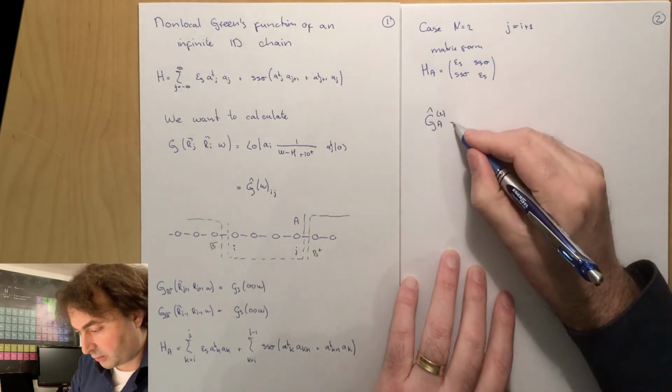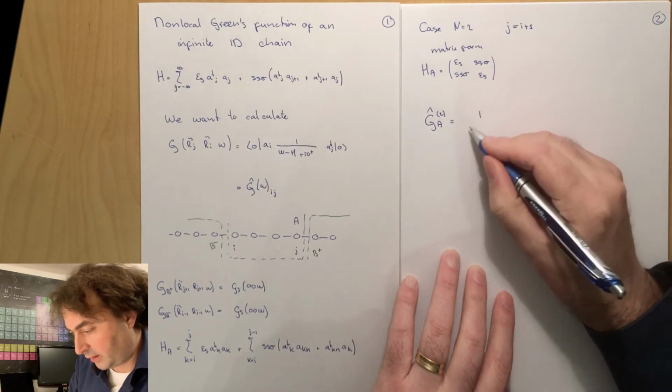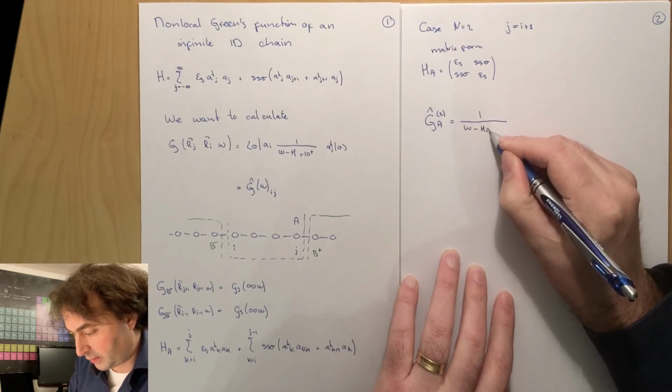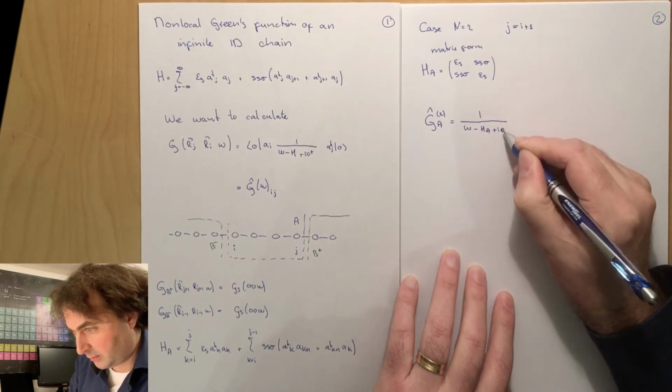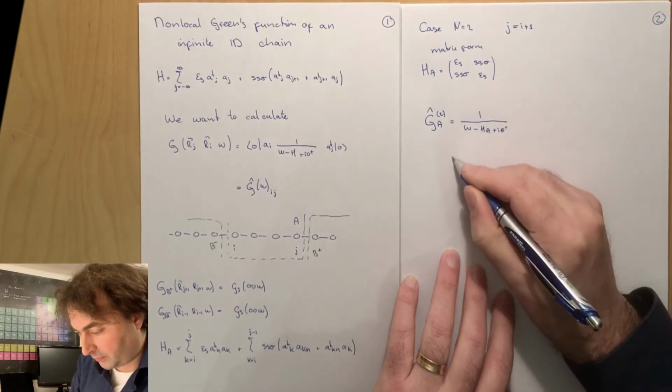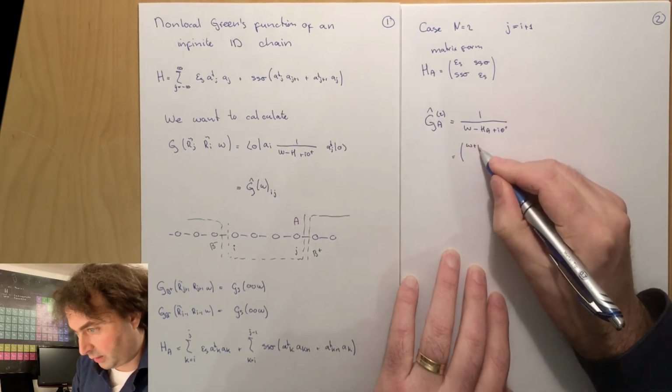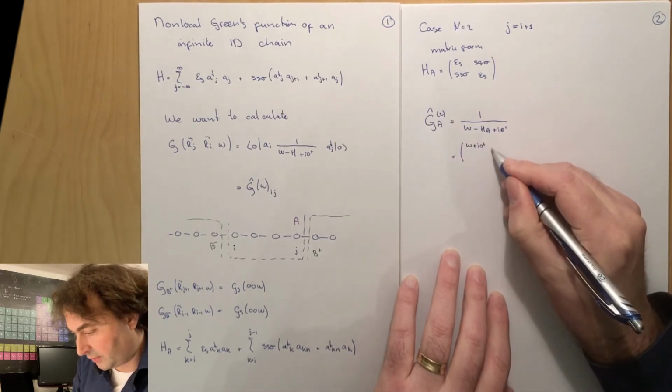It's an operator, so we look at the full matrix within Hilbert space A, and this is nothing more than omega minus HA plus i0 plus, and as we have the matrix and it's just a 2 by 2 matrix, we can solve this.